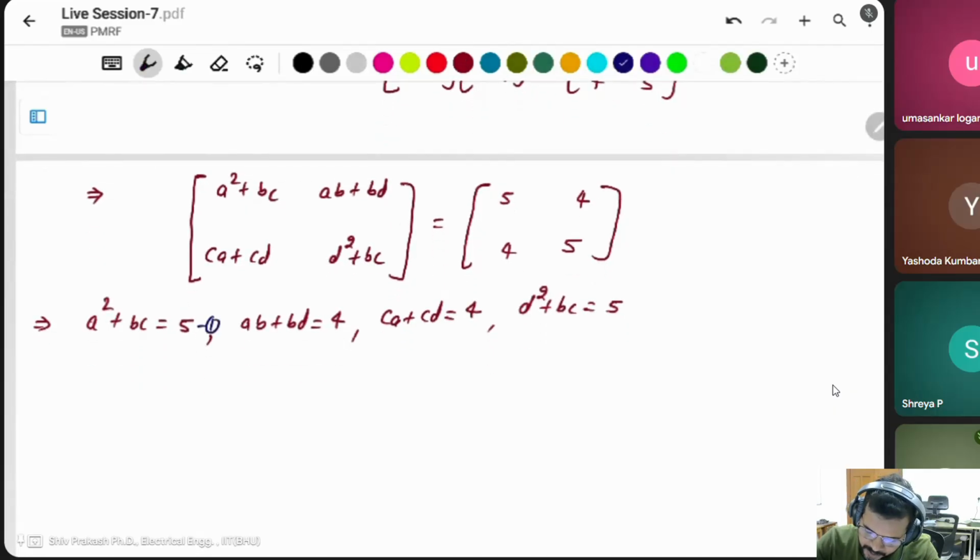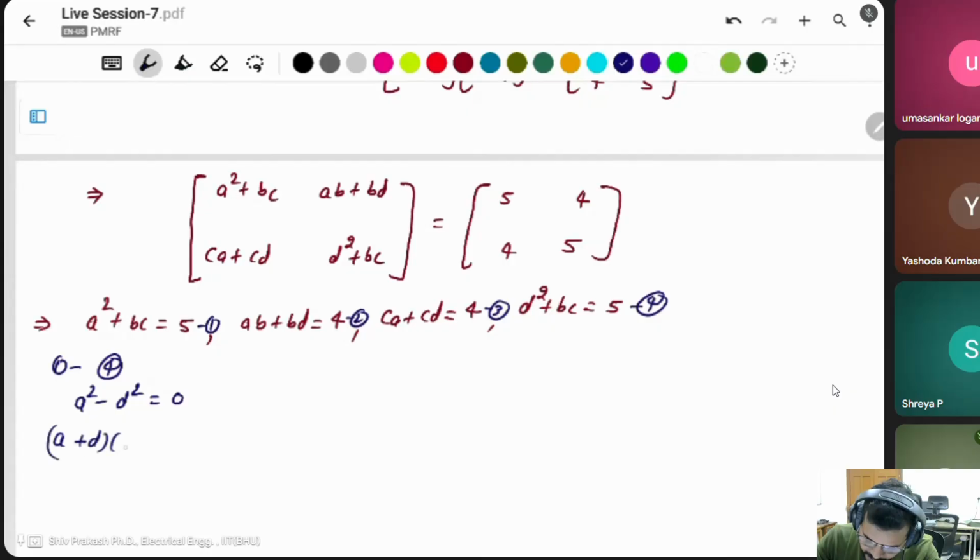Suppose these are the first, second, third and fourth equations. Suppose I subtract the first minus the fourth. Then what happens? A square plus BC, D square plus BC, BC will be cancelled out. A square minus D square is equal to 0. It will divide into two parts, A plus D and A minus D.